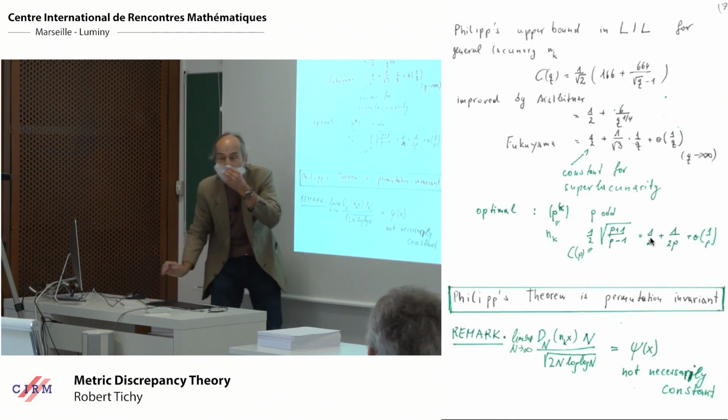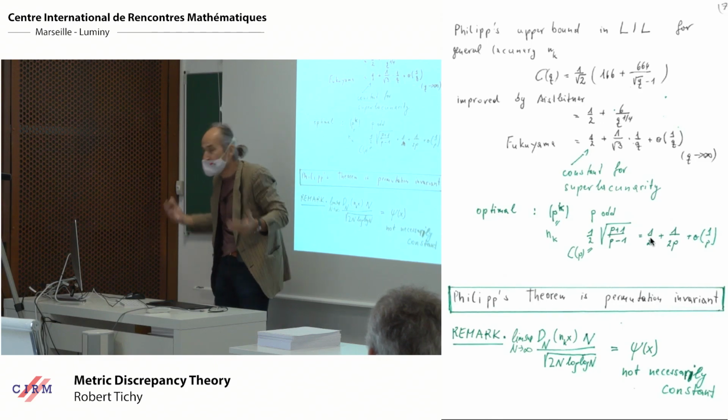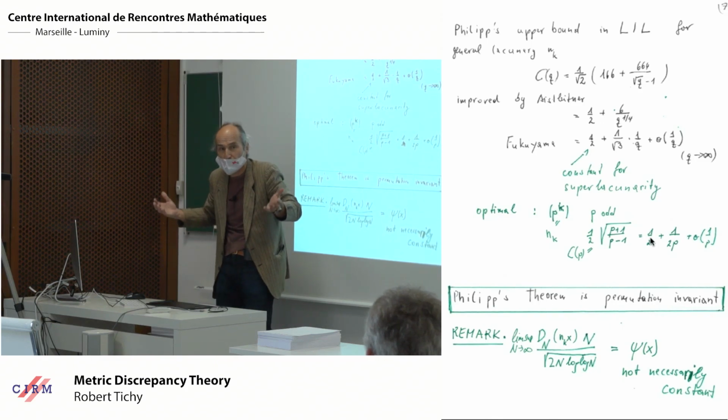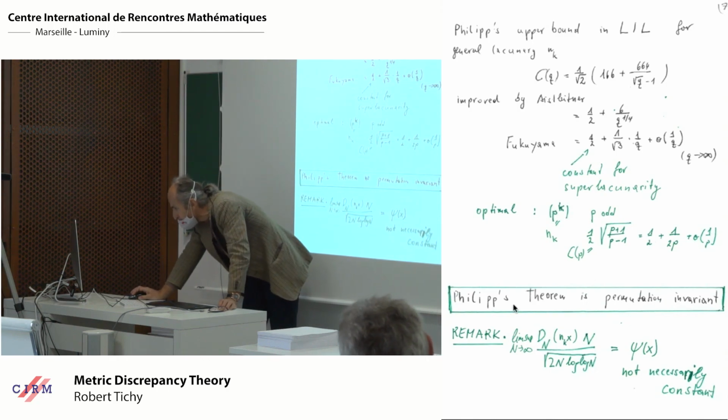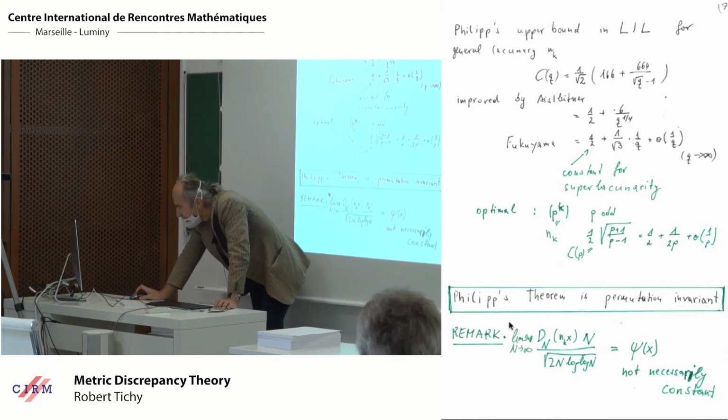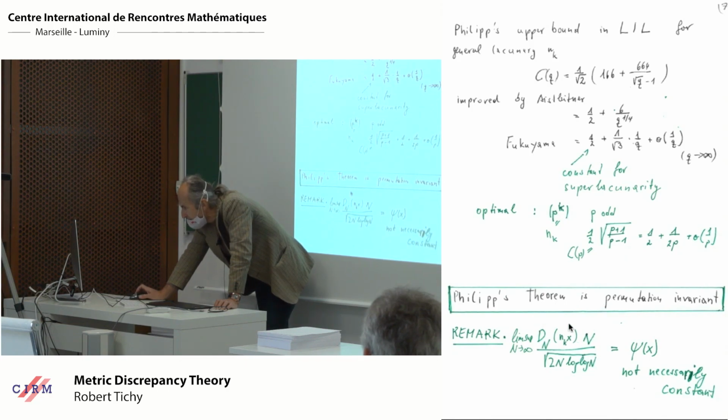So this means that lacunary sequences with exponential growth, q going to infinity, behave like true random sequences. So we have optimal behavior here. And if you remember, I mentioned before that in the law of the iterated logarithm, in this Philipp's law of the iterated logarithm, we do not necessarily get a constant here.